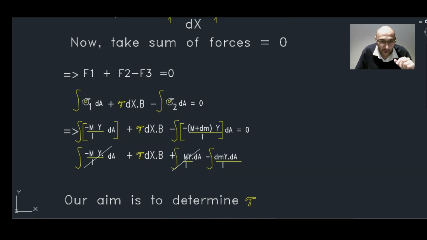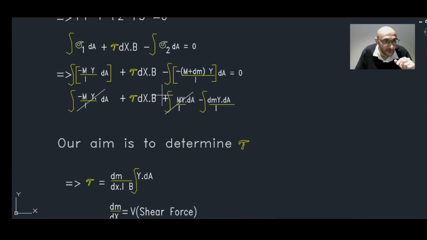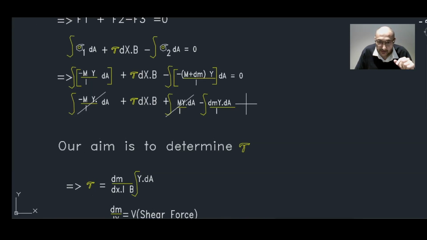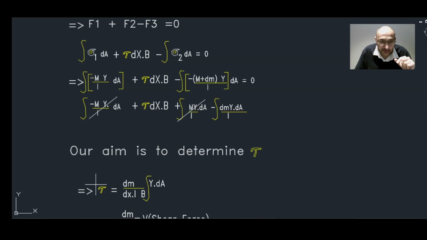Our aim of course is to determine tau. You might want to pause the video here to see how we expanded this equation, and check if you get the same results. So now, tau is equal to dM over dx divided by Ib, multiplied by integration of y dA.